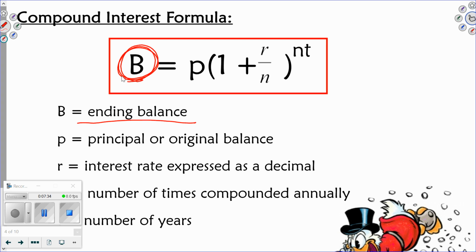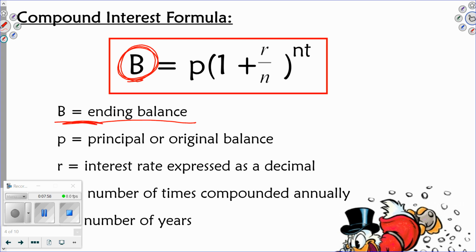What was our last formula solving for? Just the interest. So if I asked you for the total balance at the end, you had to add it back onto that principal amount. Will I have to on this one? No. If I ask for the total balance, that's what it's going to give me. But if I ask you for interest, you're going to have to subtract the original amount off of this to find the interest.